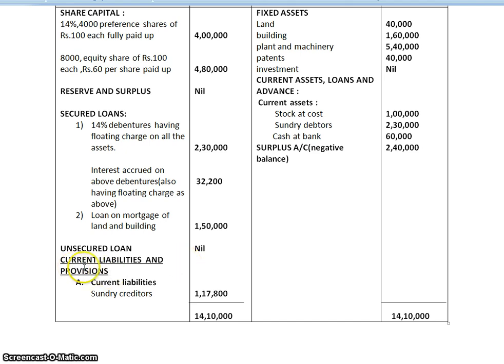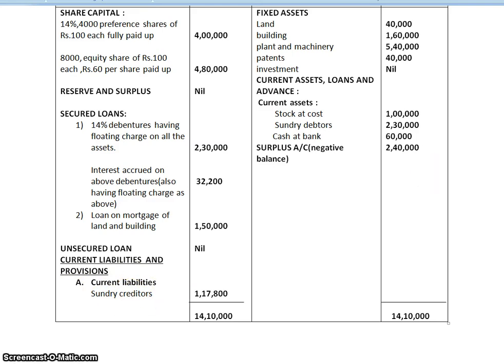Next, current liabilities and provisions. The company has a current liability, sundry creditors, that is 1,17,800. You know what sundry creditors are. Sundry creditors means all those persons to whom the company owes, to whom they have to pay. So these are current liabilities.